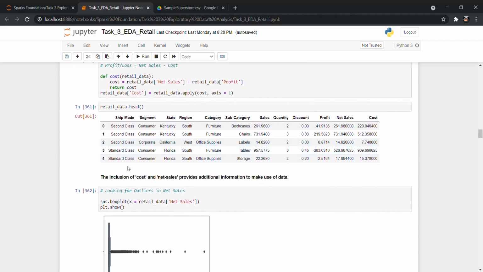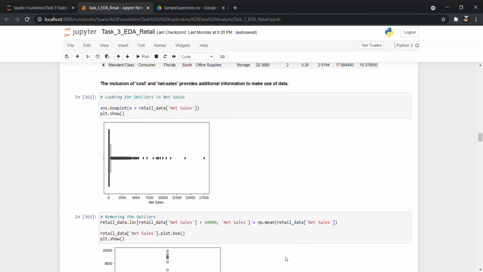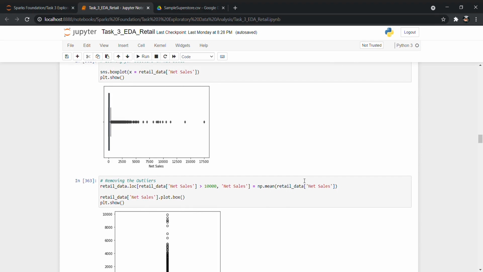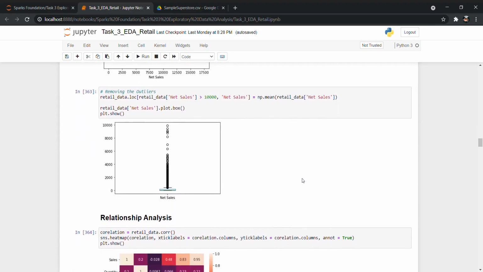So after inclusion of new columns, here is the dataset. Then I checked for outliers in the net sales, in which I have found certain outliers which I have then dropped for better analysis.